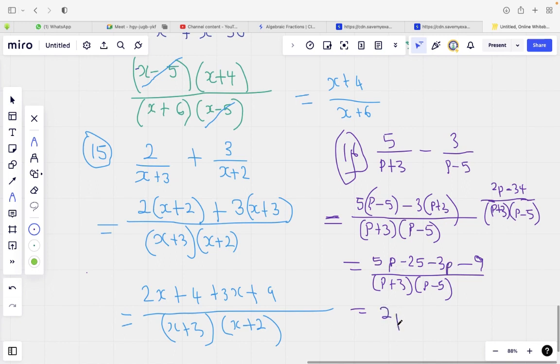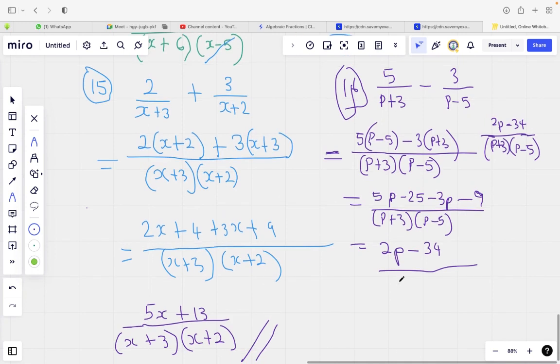Minus 25 minus 9, we get minus 34, all over p plus 3 in one bracket and p minus 5 in another bracket. So that's how this one goes. That's the answer. You're very right.